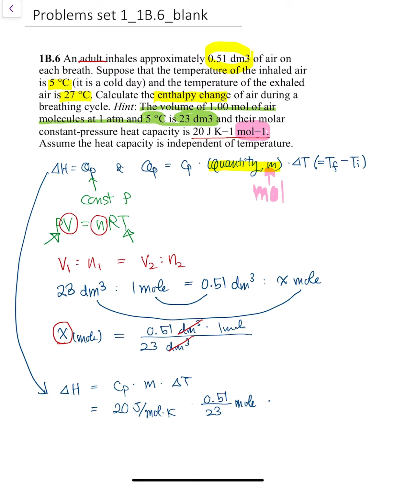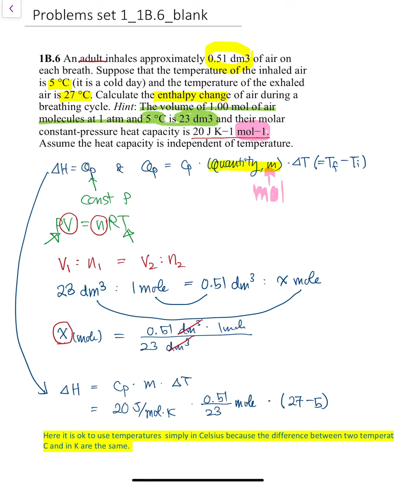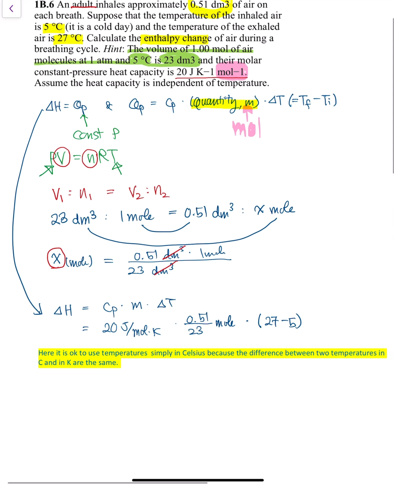And then for delta T, we have a final temperature of 27 and initial temperature of 5. Now you may ask, oh, Professor, you said we should use Kelvin in the calculation. Well, in here, it's okay to use temperature simply in the Celsius and just say you are subtracting 5 from 27, because for the differences between the two temperatures, the Celsius and Kelvin are the same.